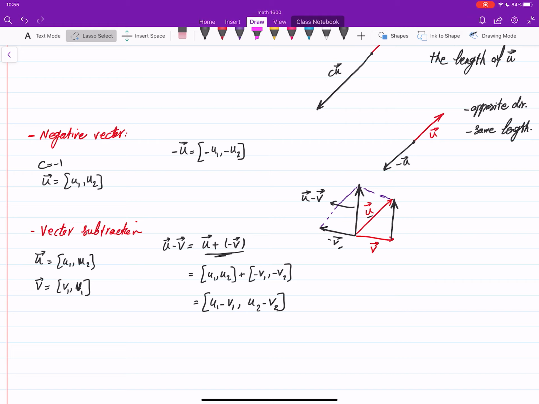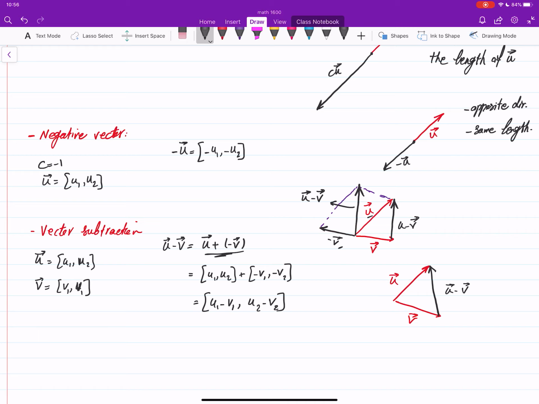So this is u minus v. In other words, the rule is this is u, this is v, and u minus v forms a triangle using these two, and the head of u minus v is the head of u. That's how you find this thing.